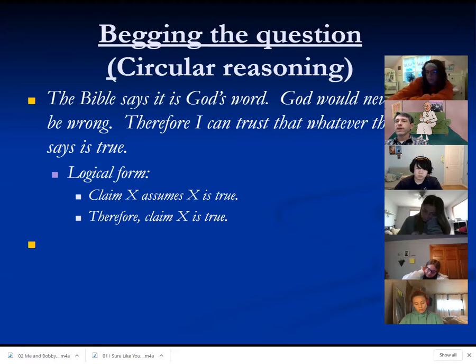Probably the easiest way to spot a circular reasoning fallacy is to look at the premises. And if there is something that is asserted in the premises that also shows up in the conclusion, then what you have is a circular reasoning fallacy.